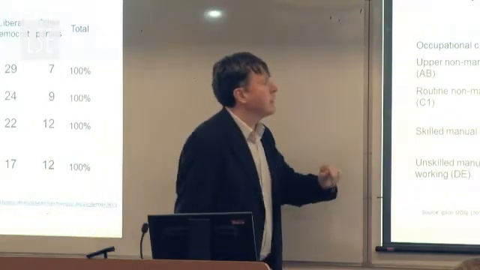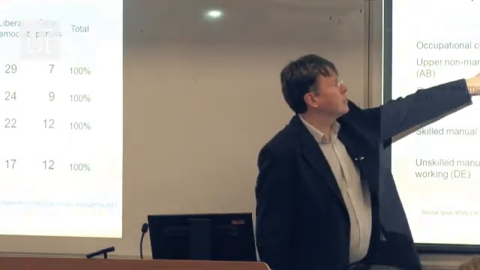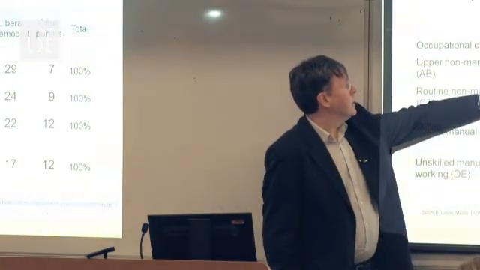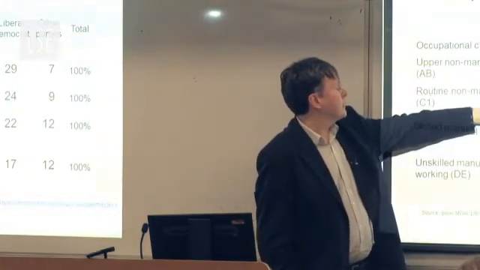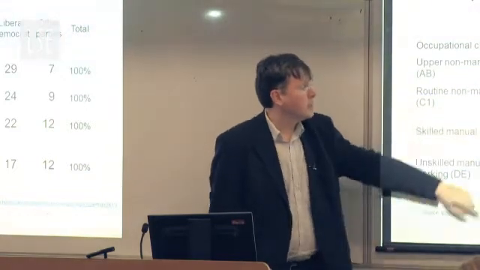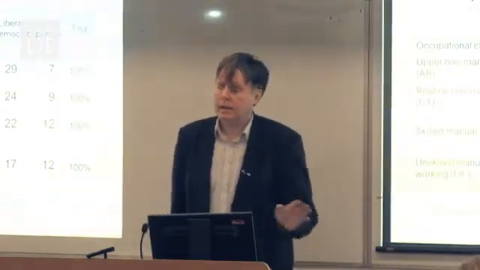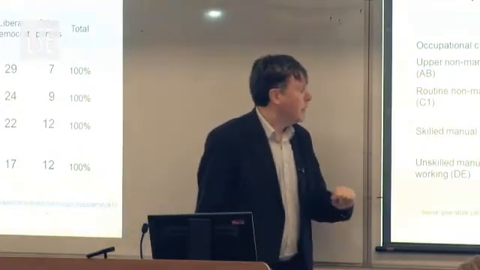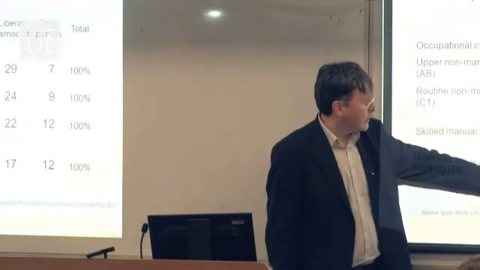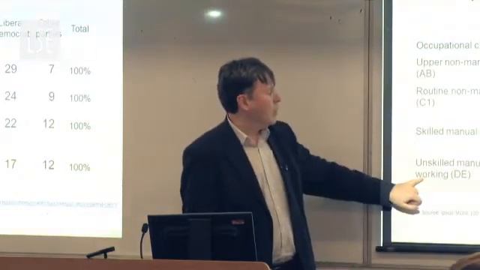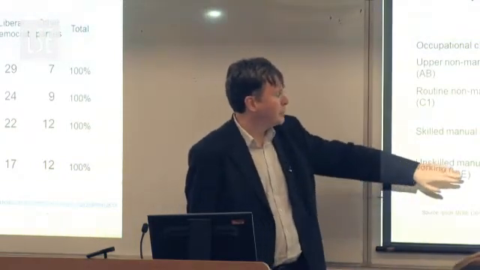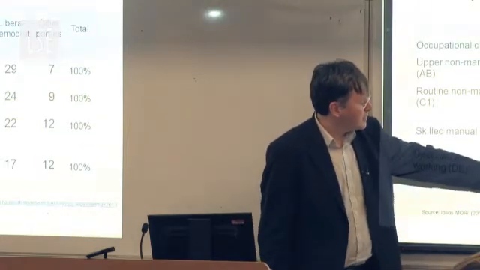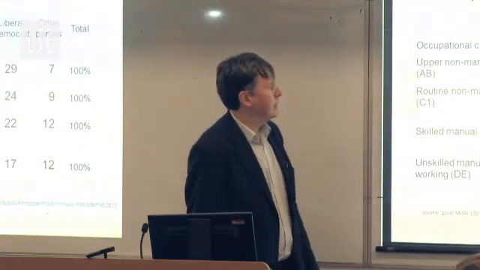So if we look at the classes, how did they vote for the Conservatives? The upper non-manual group, the routine non-manual group and the skilled manual group essentially voted identically for the Conservatives, pretty much in line with the national average. The unskilled manual group and the not working, residual pensioner kind of group that opinion polls create was a little bit down.